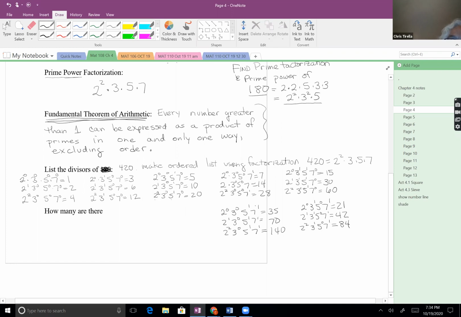I think what we still need is 2 to the 0, 3 to the 1, 5 to the 1, 7 to the 1, which would be 35 times 3 is 105. 2 to the 1, 3 to the 1, 5 to the 1, 7 to the 1 would be 210. 2 to the second, 3 to the 1, 5 to the 1, 7 to the 1 would be 420.